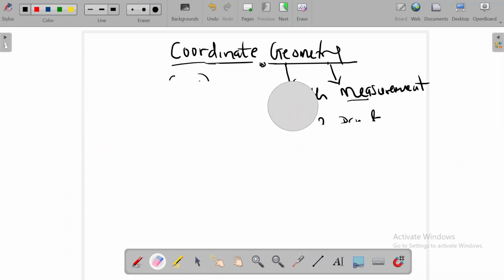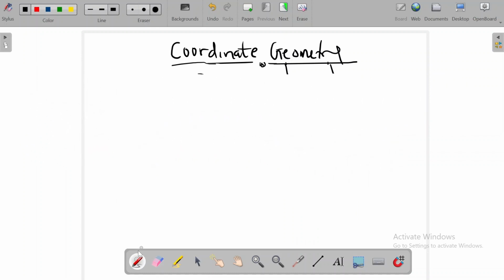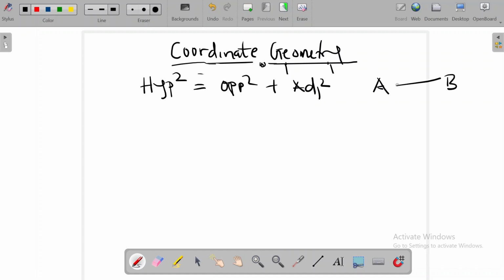Now, an equation is simply used to calculate it, which is gotten from Pythagoras' theorem. Hypotenuse square is equal to opposite square plus adjacent square. So if this is point A and down to point B, the distance between A and B is represented as D. So I can say D square is equal to the opposite, which is given as the value for the x.